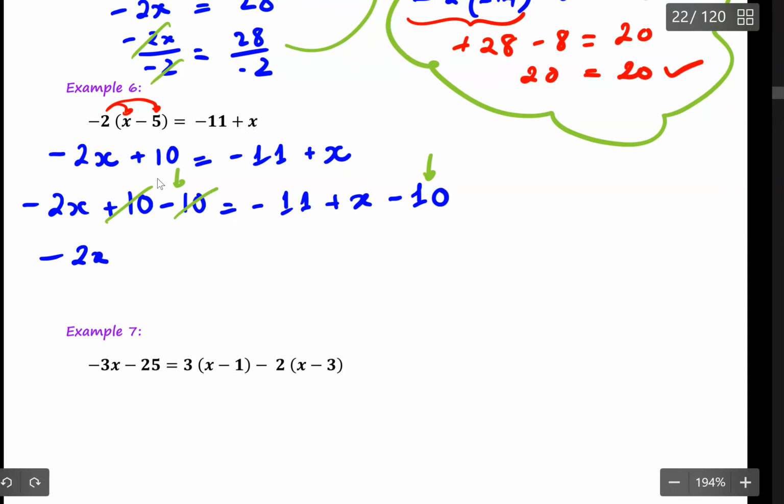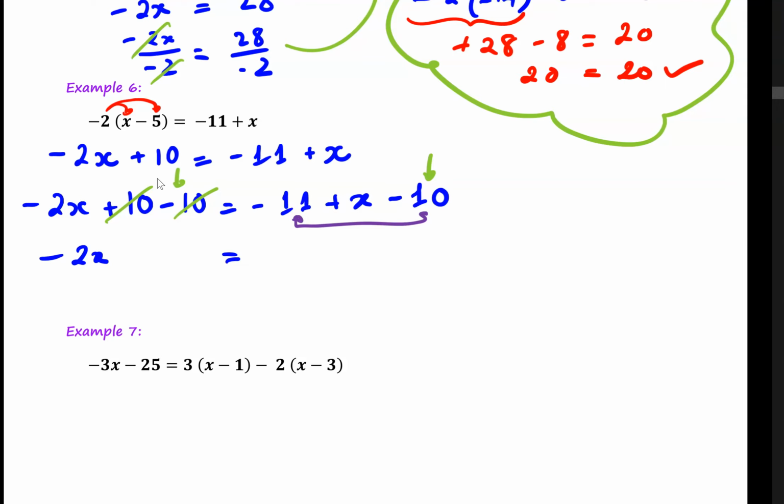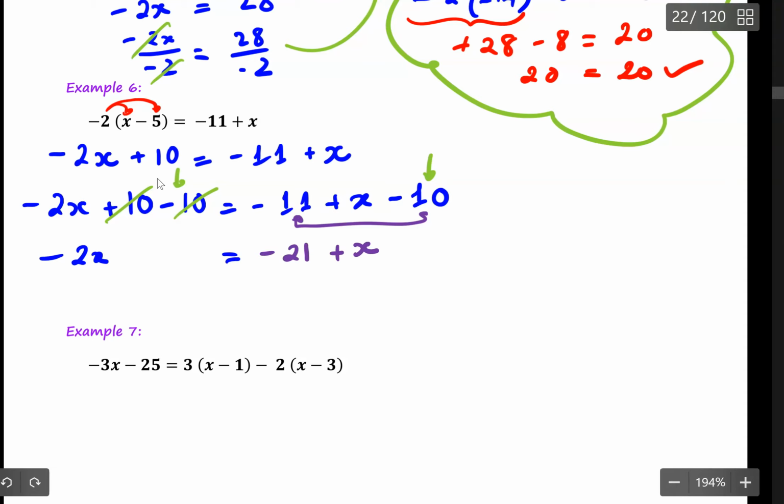Now, my next step is to simplify my right-hand side. Because now that I subtract the 10, I can take this, subtract that. My answer should be negative 21. Now I can subtract the x here to get rid of it, and I can subtract x on the other side as well. You see, I get that, cancel with that.